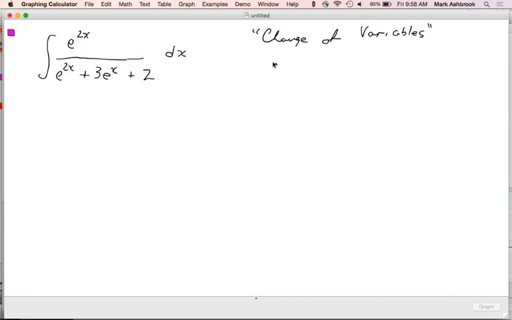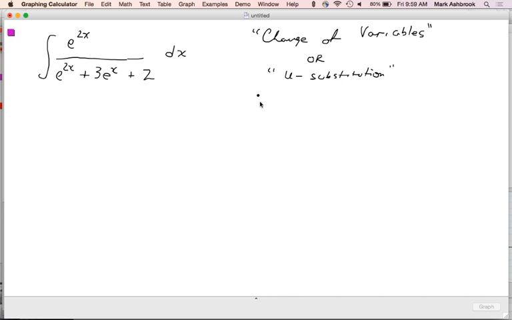Or use substitution. So what do we really have here? It's like e to the x, this is like e to the x squared, right? And 3e to the x, and this is e to the x squared.